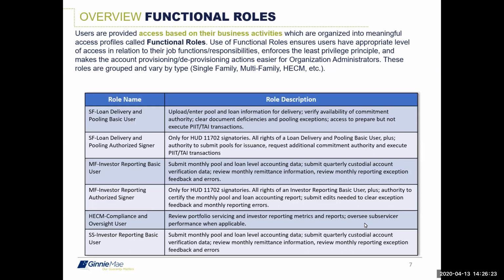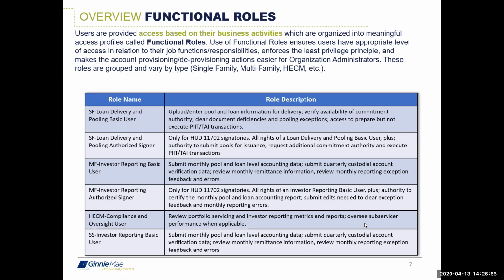I'll say that one more time. When you begin to assign functional roles for your users, please note that anyone who would receive an authorized signer functional role, meaning they are on the HUD 11702 and they are a signatory on behalf of your organization, only needs the authorized signer functional role because their role has all of the basic user functions plus the ability to submit, okay?